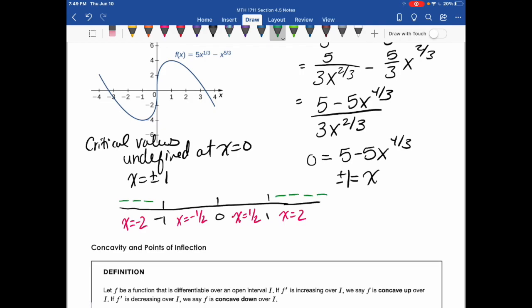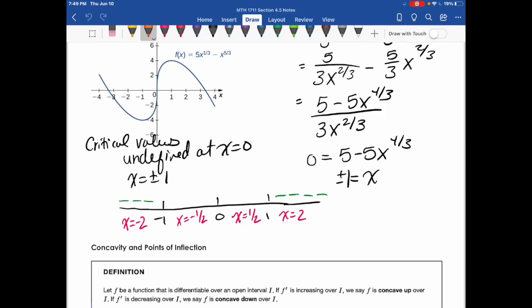I'm also going to get that it's decreasing on this interval here from 1 to infinity, because when I plug in 2 into the derivative, I'm going to get a negative value. And so that tells me that the derivative is negative, which means the function is decreasing on that interval.